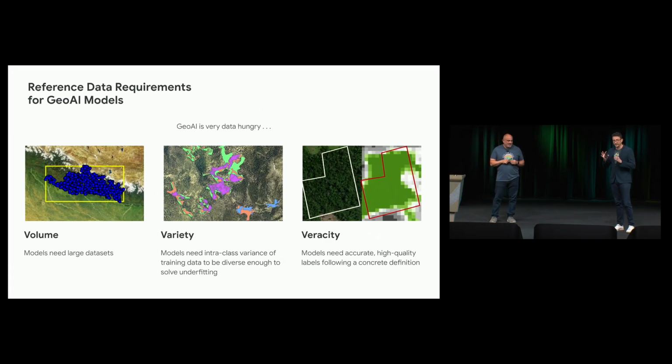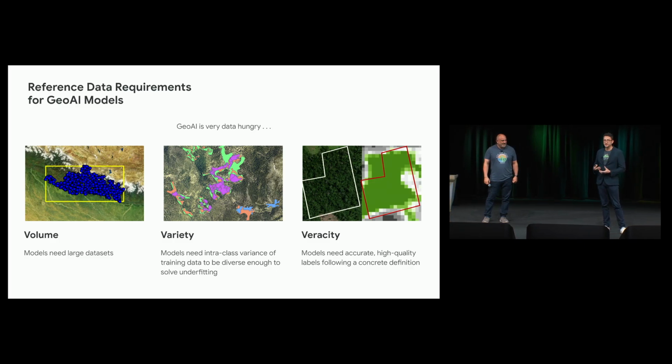Right? Now, each of these models have different requirements, but they all have something in common. One is that for the most part, they need large amounts of data in order to train actually usable models. So they're data hungry, the volume we talk about. They also need a wide variety of data, especially with intra-class variance, because if we give examples that are too specific, the model can't learn how to generalize to things it's never seen before.